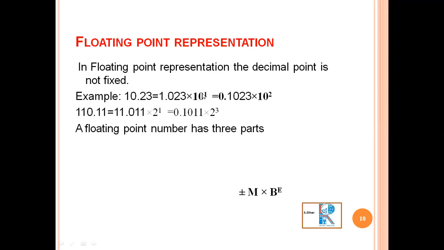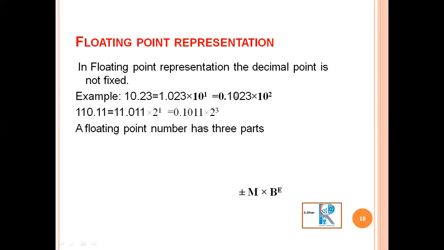So here we have written 1.023 into 10 to the power 1. This 10.23 is actually 10.23 into 10 to the power 0. Now here, if I move this point to the left, it will be 1.023 into 10 to the power 1. If I multiply by 10 here, we will again get 10.23.